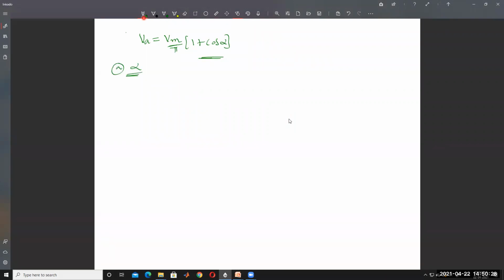From this equation, we will get alpha. Here this is known and only this is unknown. How to find VA? VA is equal to EA plus IA into RA. Am I right?